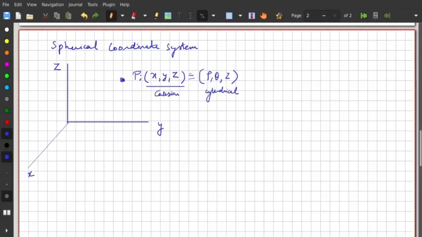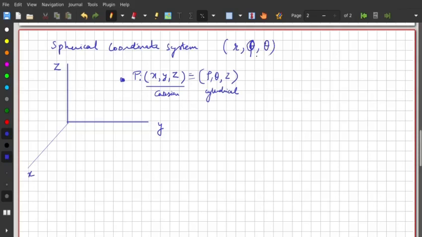And now we represent the same point in spherical, and that spherical coordinate system is given by a set of numbers which is r, phi and theta.